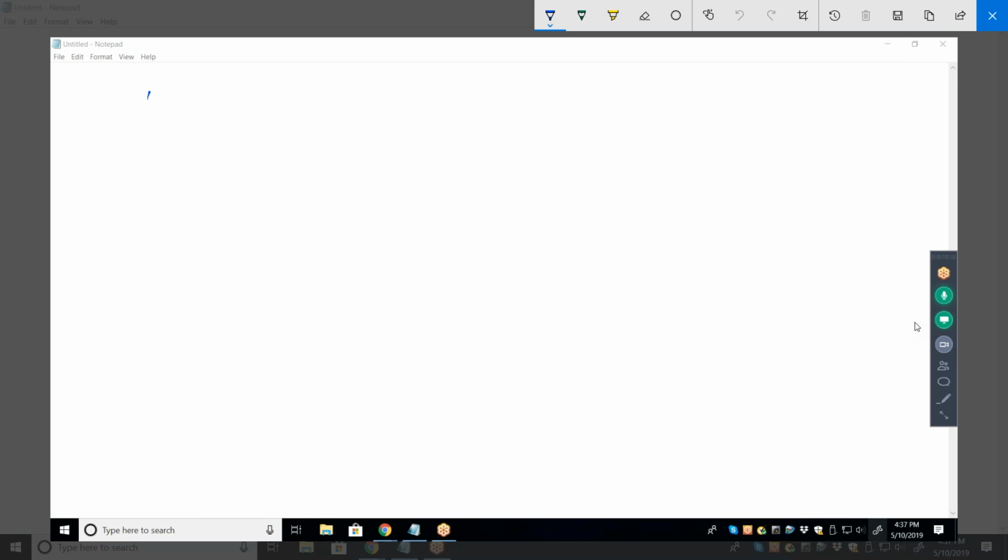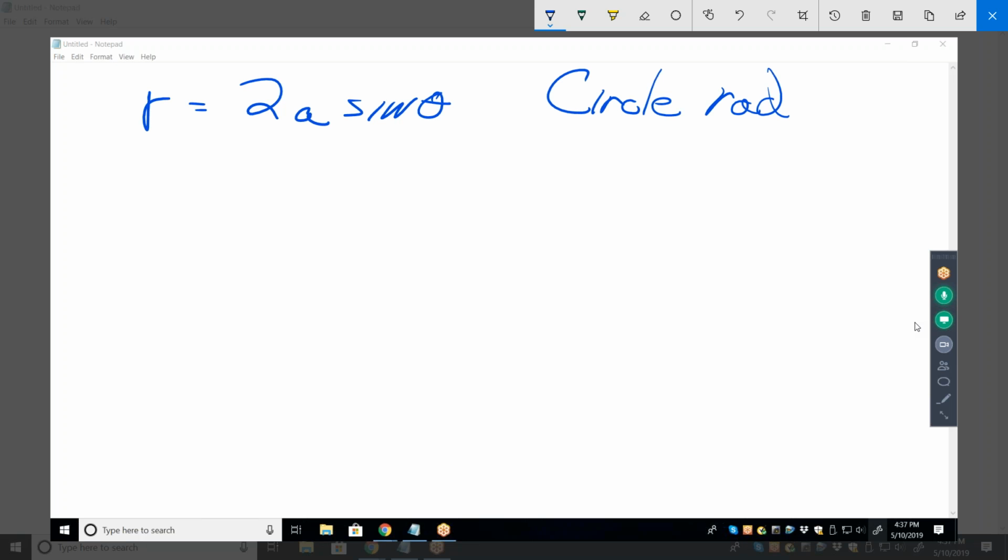If you have the form r equals 2a times sine of theta, that is a circle with radius a, and its center is at (0, a). And then you have other similar kinds.